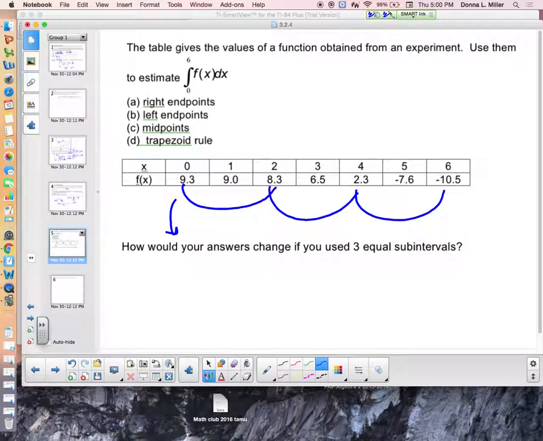That's what I need to do there. I would have trouble doing the midpoints any other way. So do the midpoint with 3, because then your midpoint halfway between 0 and 2 is 1. So you're going to use that 1. Since we've already done that, I'm going to let that go.